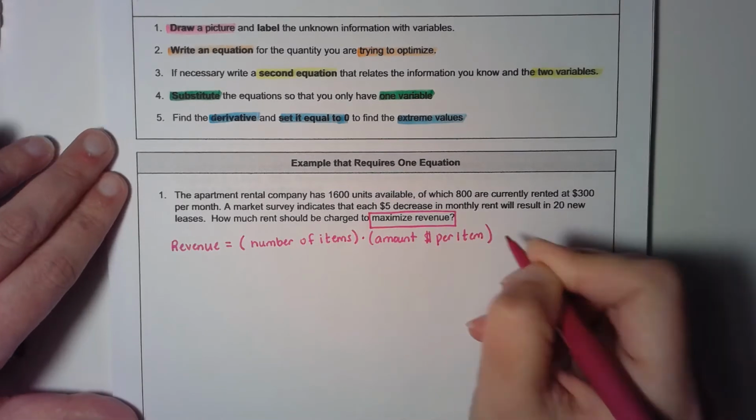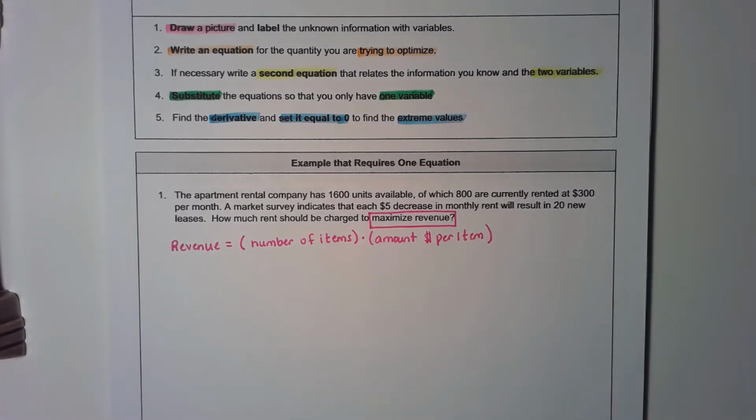One way I always compare this is to the idea of candy sales at school. So if you're selling 25 pieces of candy for $2 each, to figure out your revenue, you're going to do 25 times 2. How many did you sell times how much did you make per item? It's the same thing here. It's how many are we going to sell times how much money is there per item.